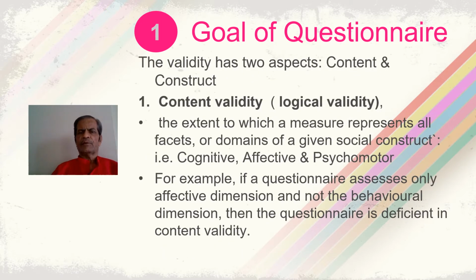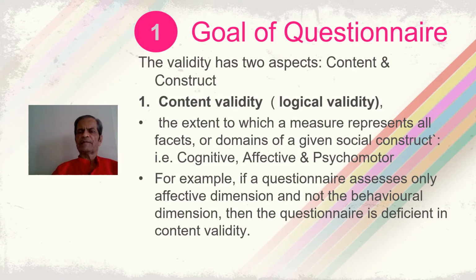There are two aspects of the validity. One is the content validity and the second one is the construct validity. Content validity is also called the logical validity. It is the extent to which a measure represents all the facets or domains of a given social construct.